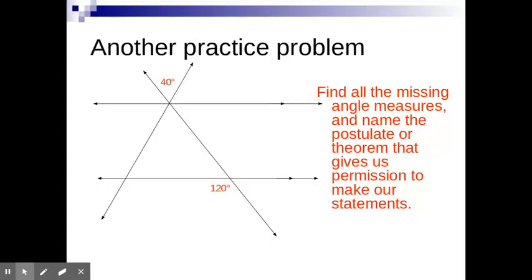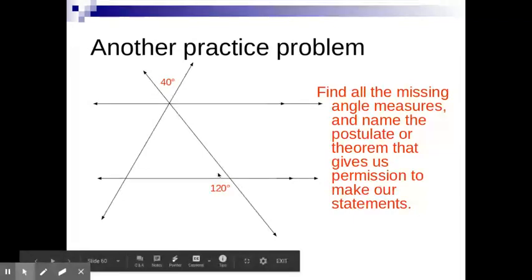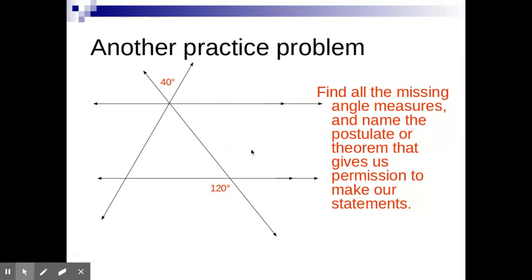your Thursday assignment is going to be to draw this figure on paper, and your job is going to be to fill in all of the missing angles and next to it write how you knew.